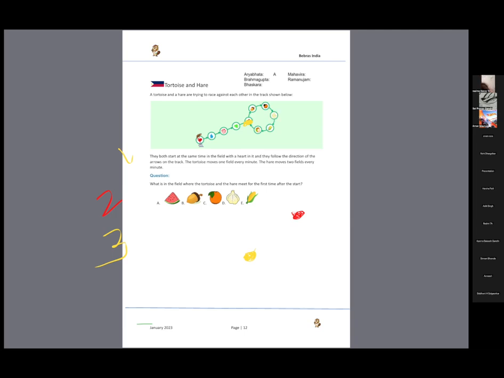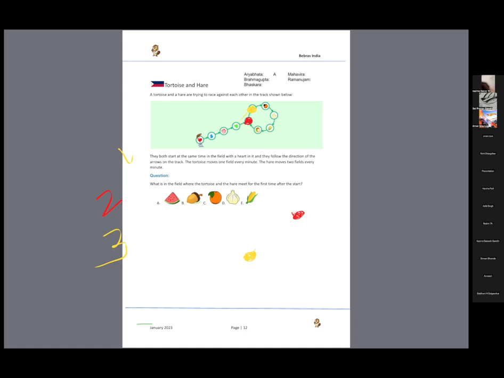So in the next minute, what we'll see is the tortoise is on the acorn tile, and the hare is on the watermelon tile.